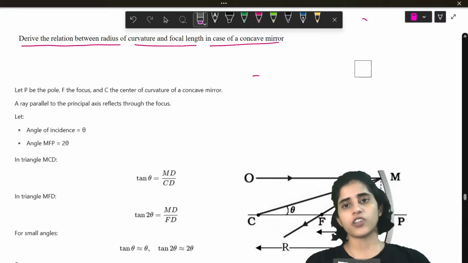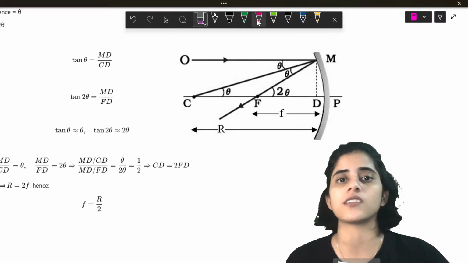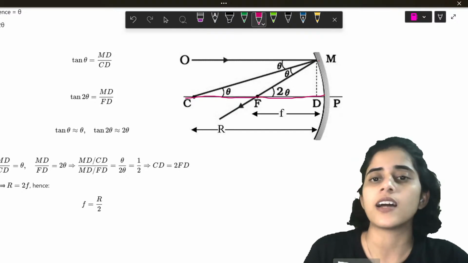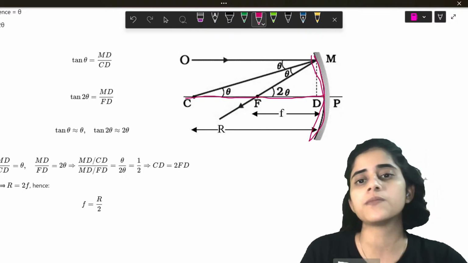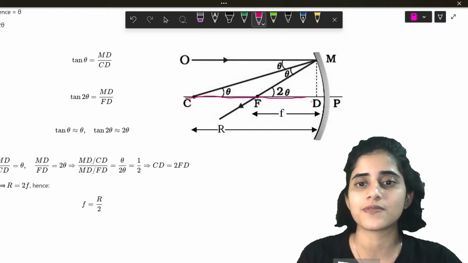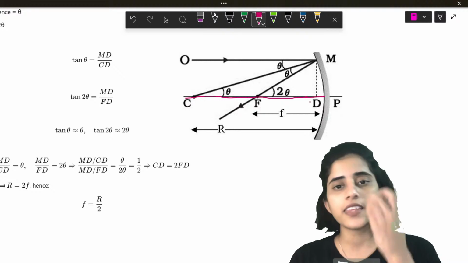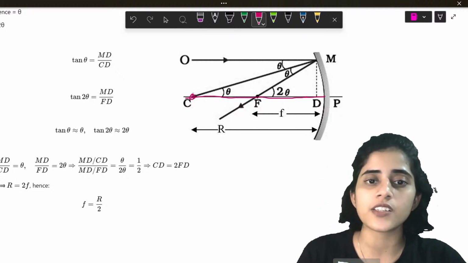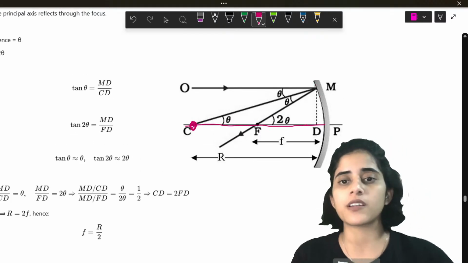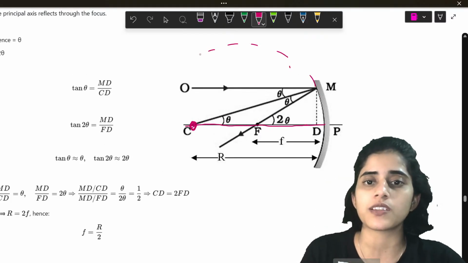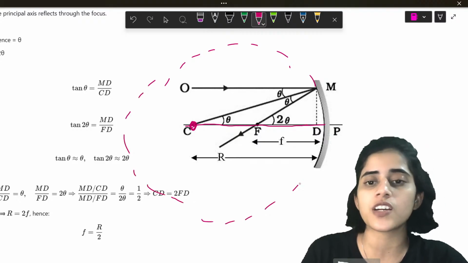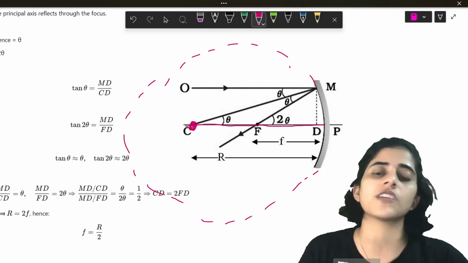So this is the principal axis and then this is the mirror. Then you should mark the center of curvature. What is the center of curvature? If this is part of a mirror and I make a sphere with it, the center of the sphere is the center of curvature.